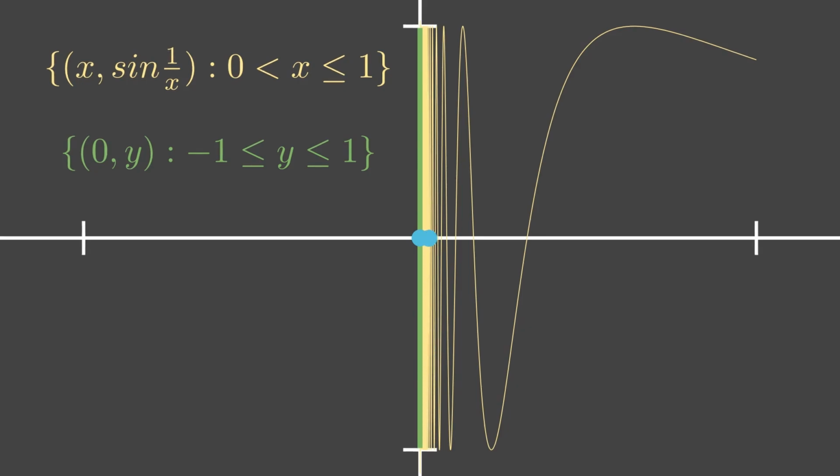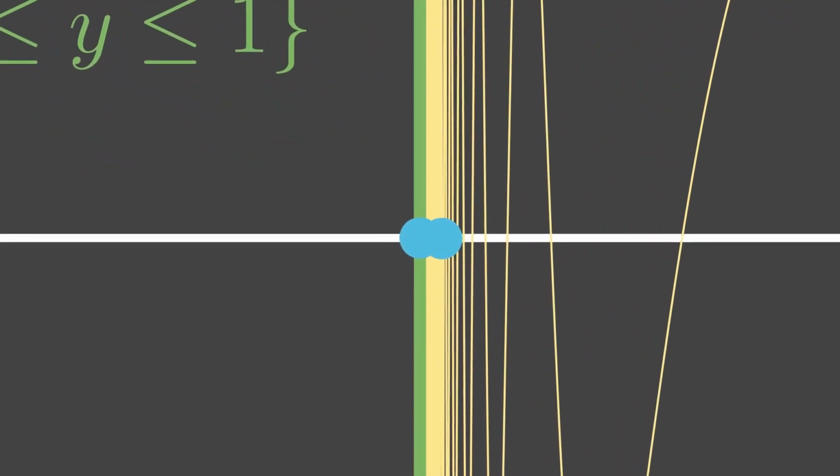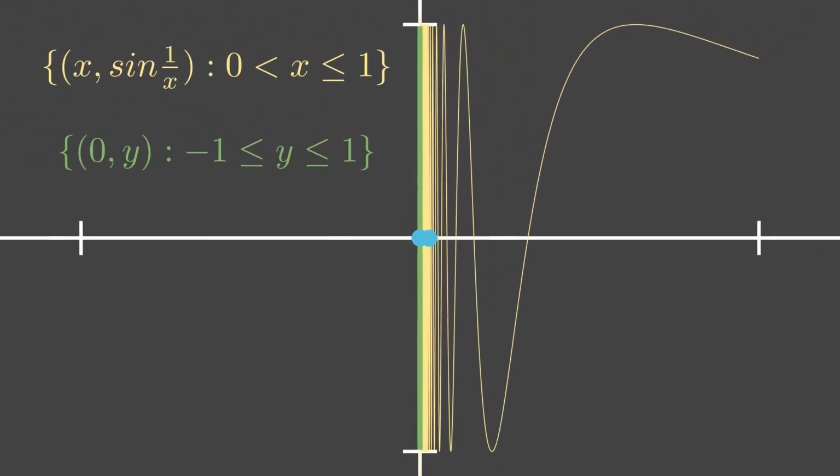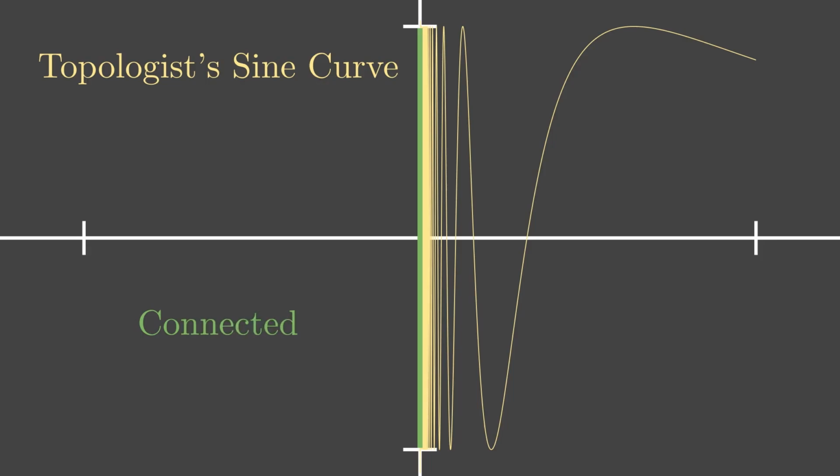Due to the oscillations, this point will get infinitely close to the other point, but will never reach it. This space is called the topologist's sine curve, and it is an important example of a space that is connected but not path connected.